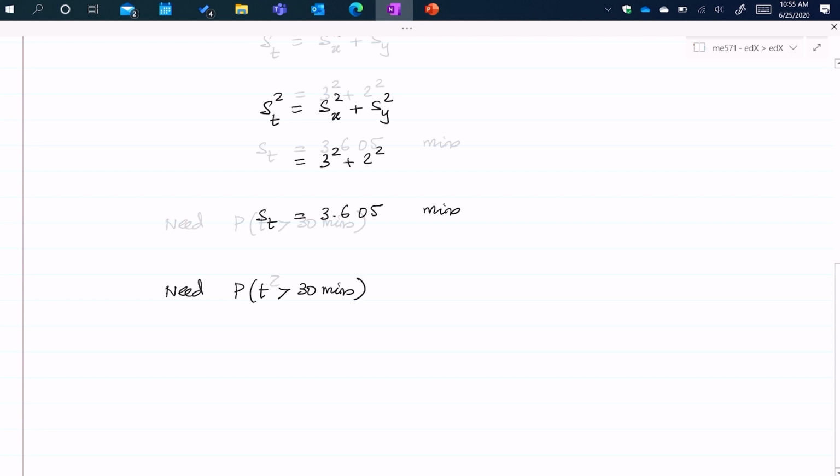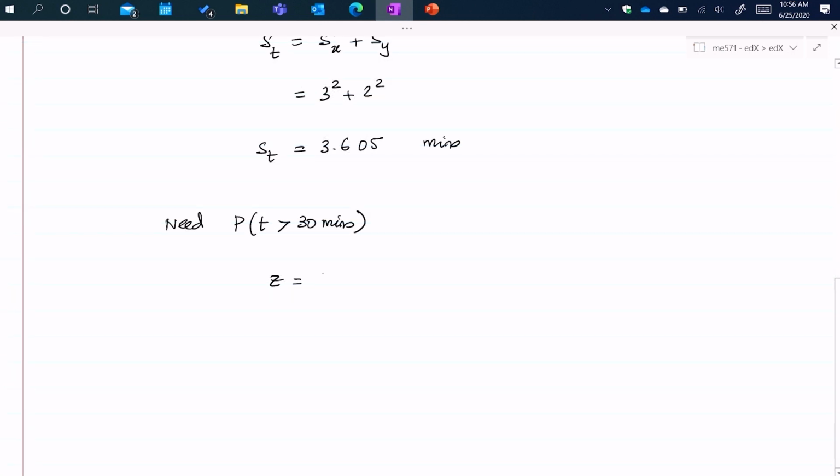All right, so what we need is the probability that t is greater than 30 minutes. Now we will use the standard normal variable. The standard normal variable corresponding to 30 minutes is 30 minus 22 divided by 3.605, which is 2.219. That's my z value corresponding to 30 minutes.